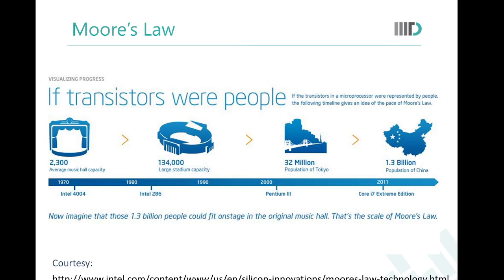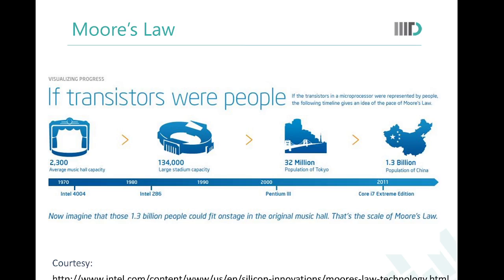The size of the chip was the same, so same-sized Intel 4004 and Intel 286, but the number of transistors is significantly higher. With the same analogy of one transistor equal to one person, to accommodate that many people you need a large stadium.